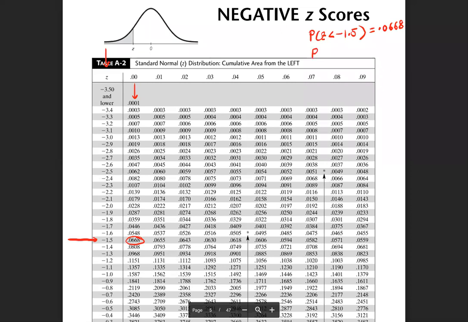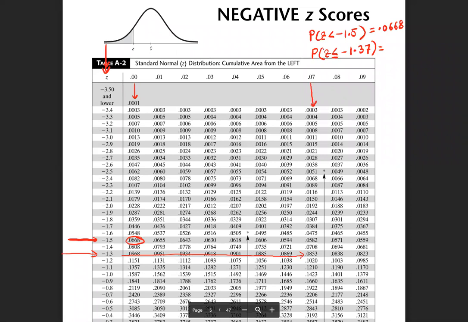Now let's find another value. Probability of Z less than or equal to negative 1.37. I just made it up. Again, we look at the Z column. Negative 1.3 is right here. This time it is negative 1.37, so you have to go along this row up to the 0.07 column.